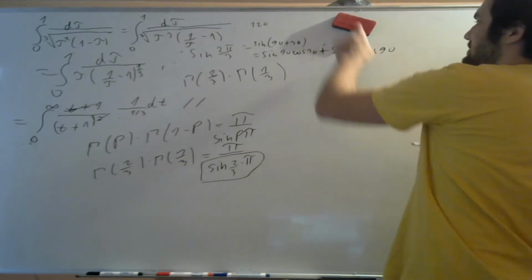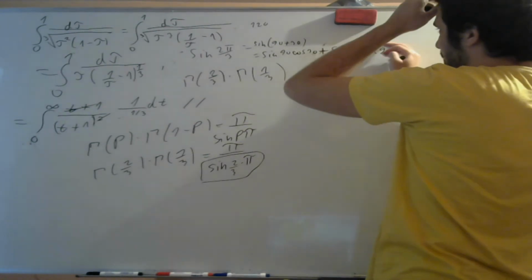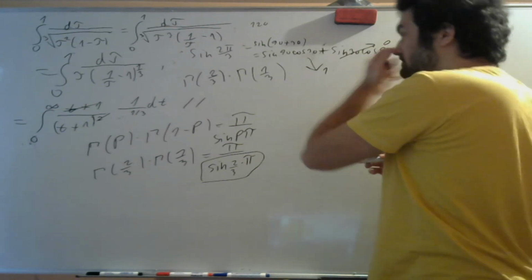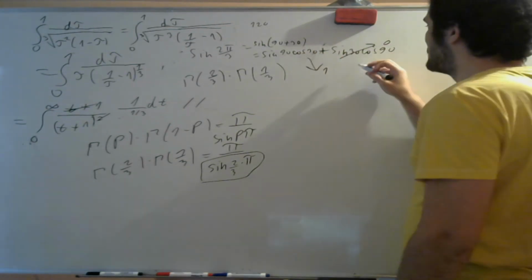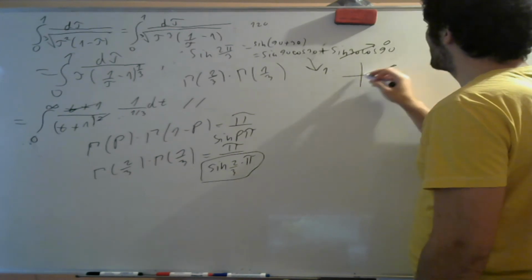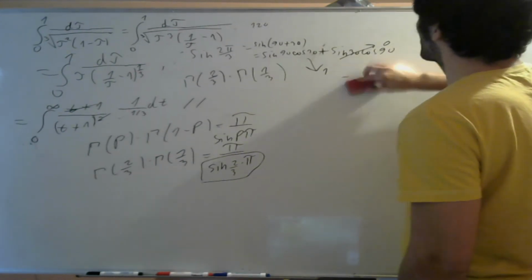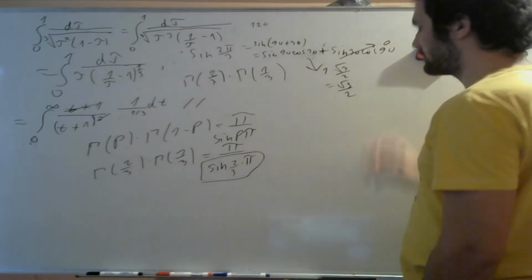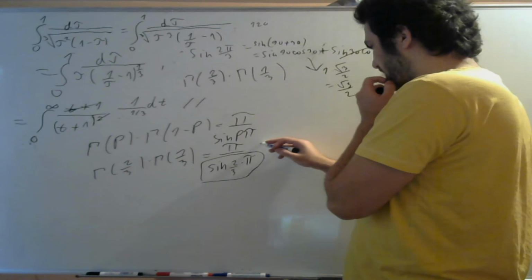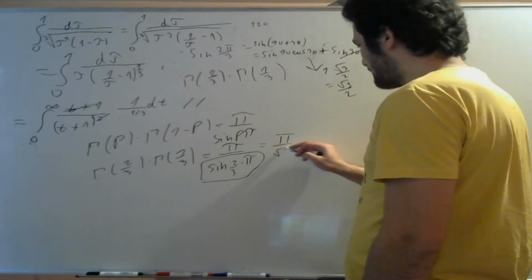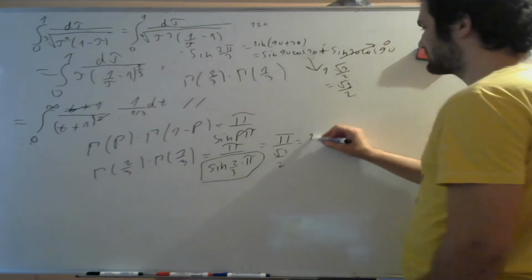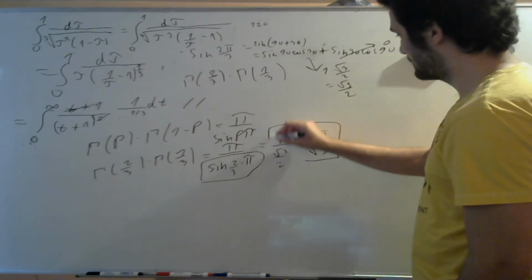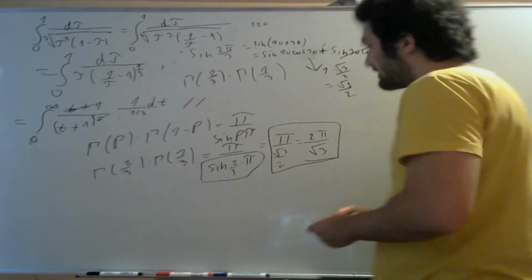Since cosine of 90 is 0, we need to find this. Sine of 90 is 1. Cosine of 30 is the square root of 3 over 2. So this is the square root of 3 over 2, and so pi over square root of 3 over 2. So this is just 2 pi over square root of 3. I believe so, if I can calculate correctly.